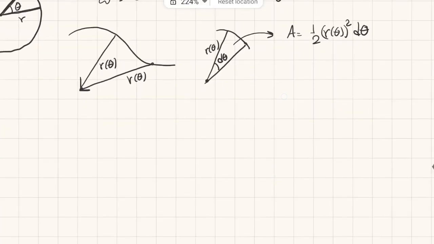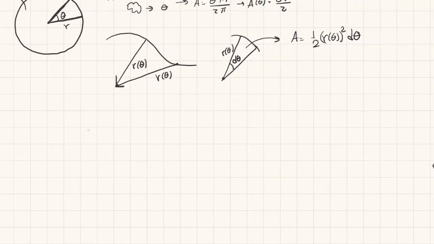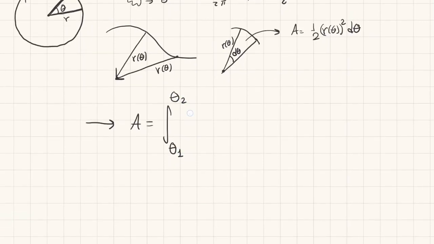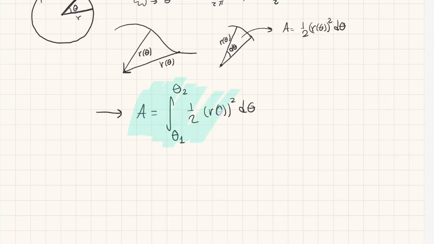Okay, so that means that the area enclosed by the curve r of theta will be the integral from an initial angle theta 1 to theta 2 of 1/2 r of theta squared d theta. Perfect, so I think that this formula was easy to find.